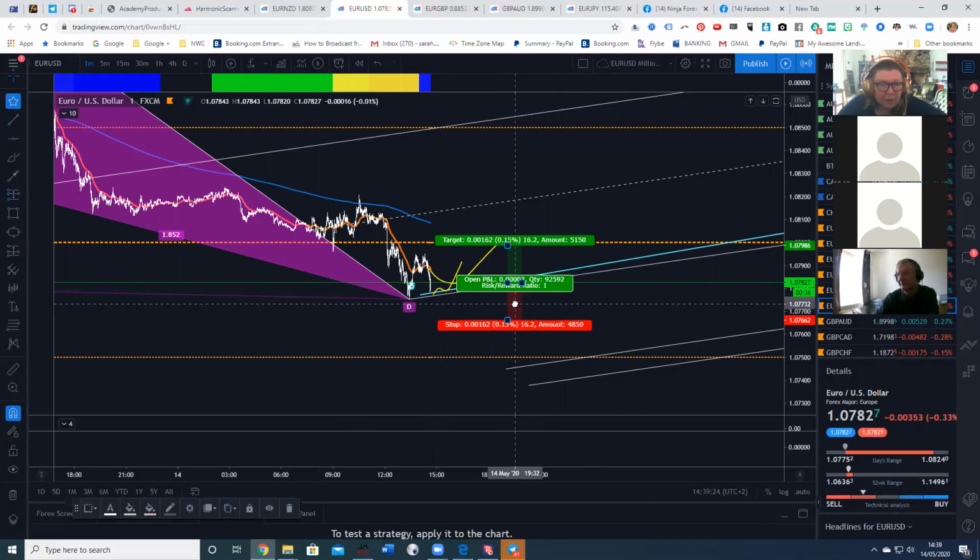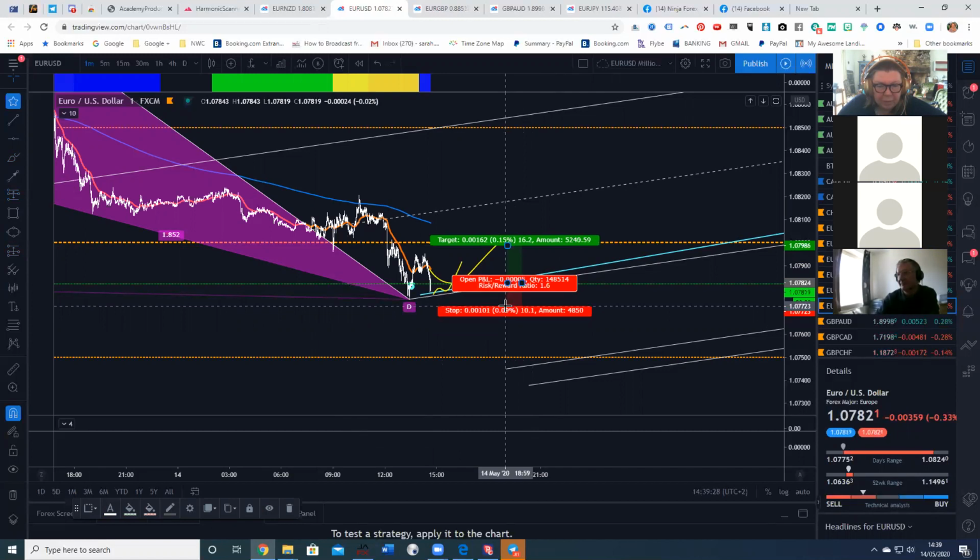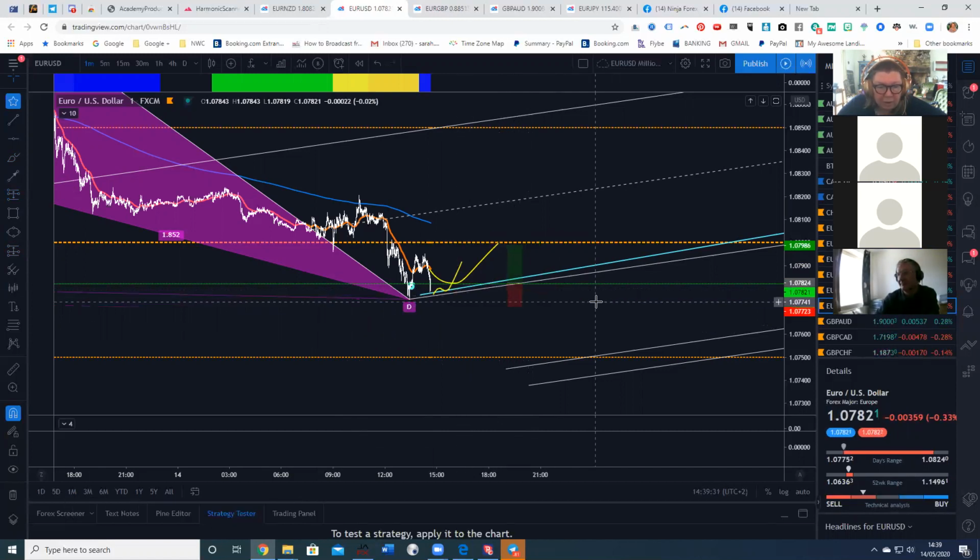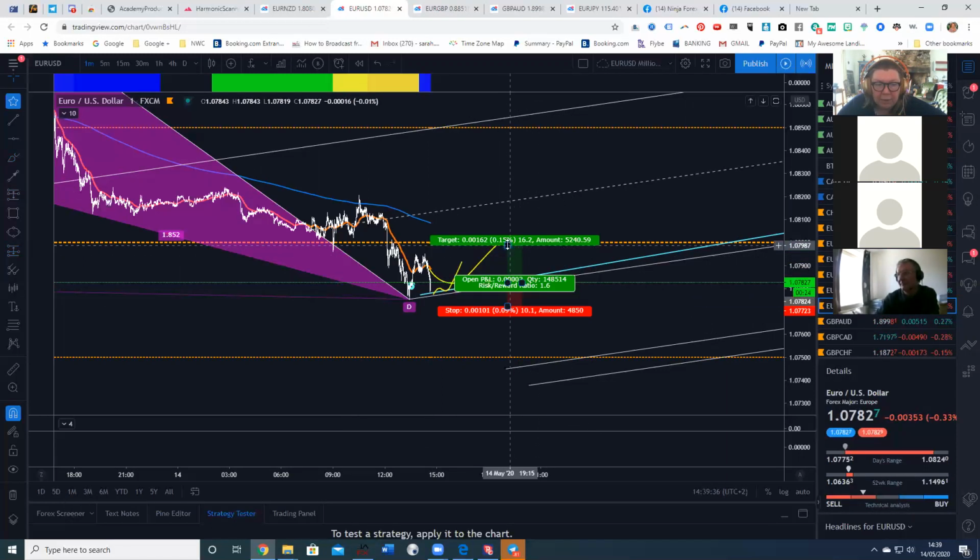Right, so 10 pips stop loss, that's fine, but I've only got at the moment the pitchfork. It's not my ideal kind of trade, because I've shown you my ideal trade, the one I took this morning.